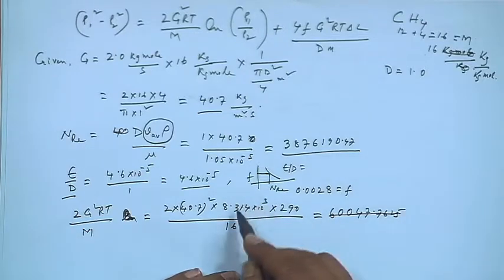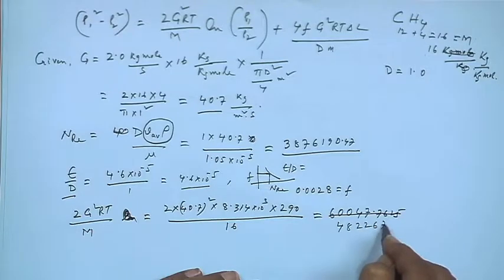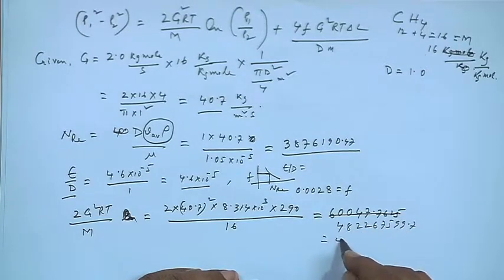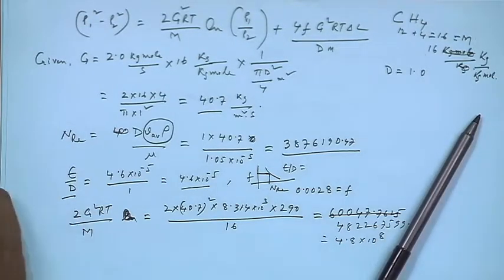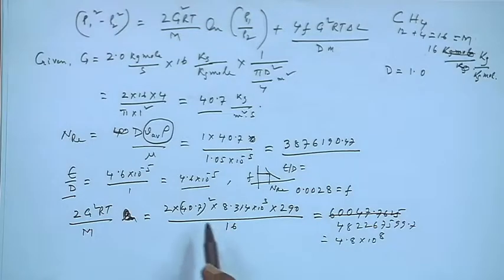We missed out this term. So it is 48226759.97425, means 1, 2, 3, 4, 5, 6, 7, 8, is equal to 4.8 10 to the power 8, right? That's why it is 4.8 and 5.03. The difference again is because of 40.7 and 40.745 or 754.